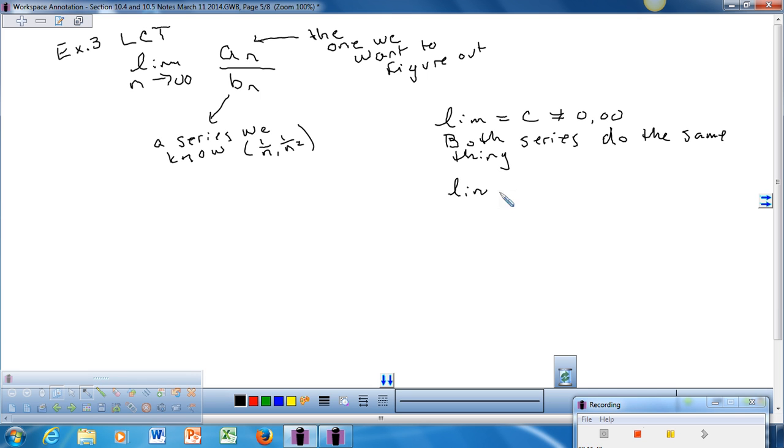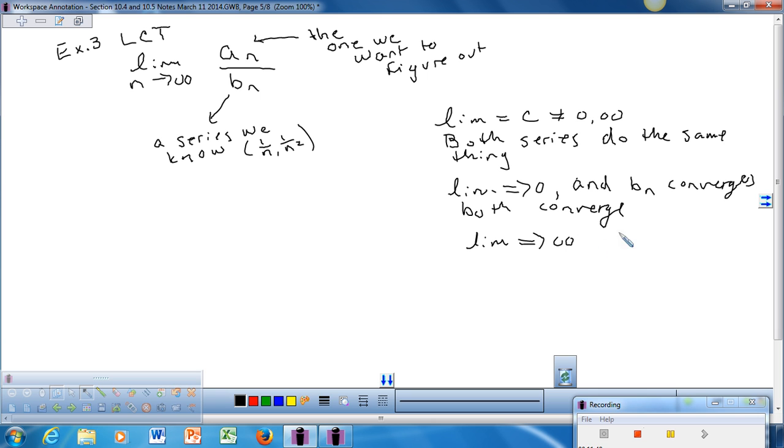If the limit comes out to be 0 and the bottom converges, then they both converge. And then if the limit comes out to be infinite and the bottom diverges, I need to make sure to get my and in there.